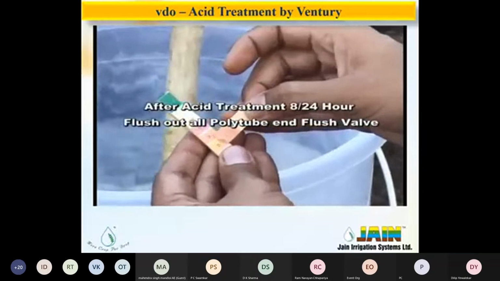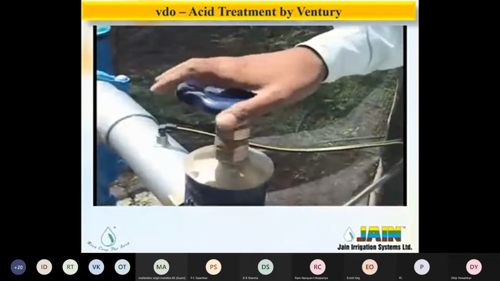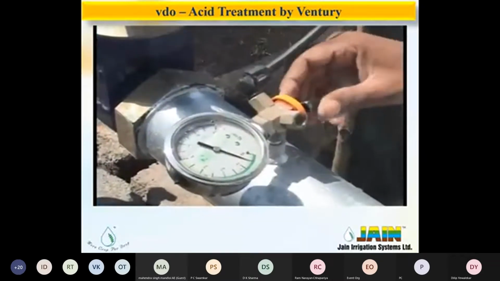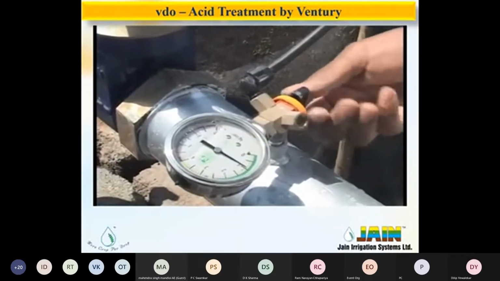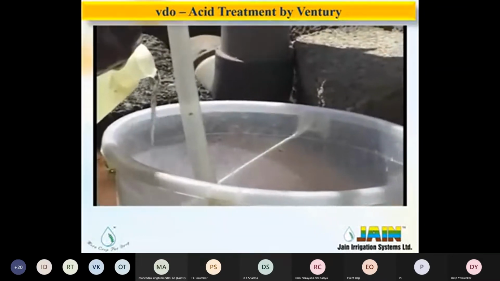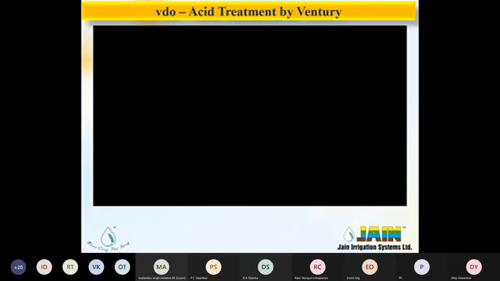And test the pH until it reaches 4, and inject by using a Venturi or any application or injector device, and check the pH value at the end of the dripper.